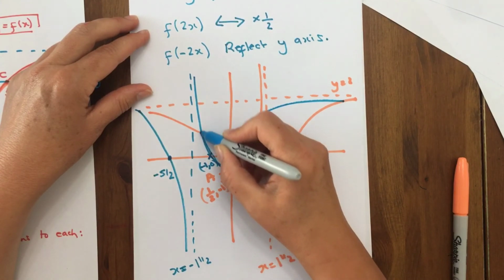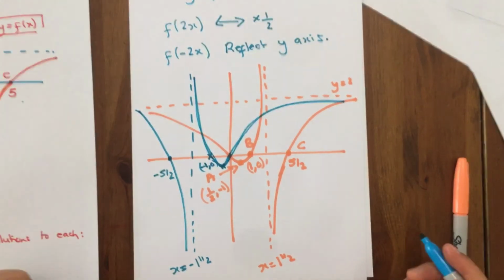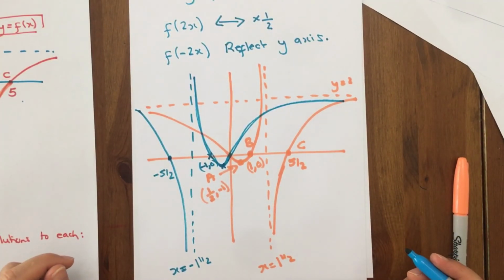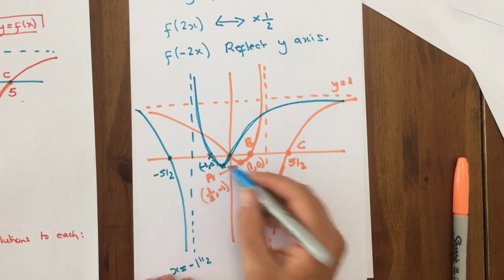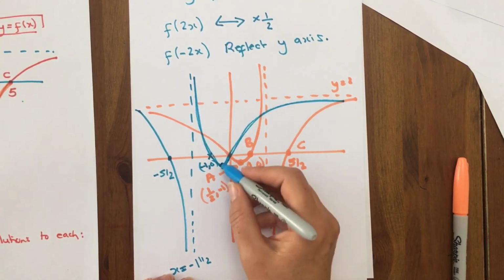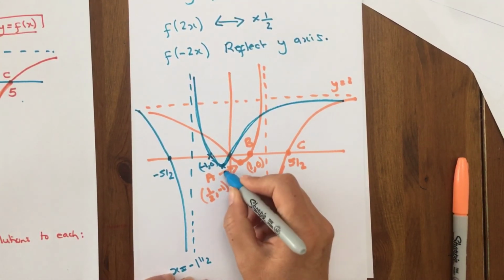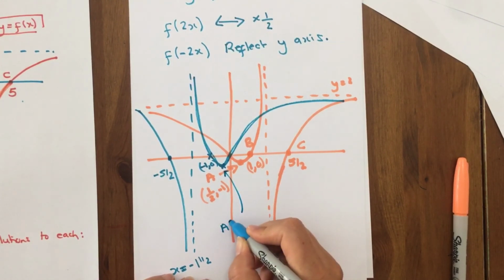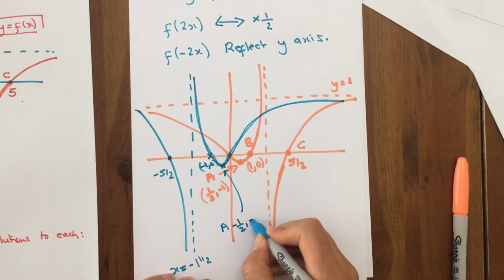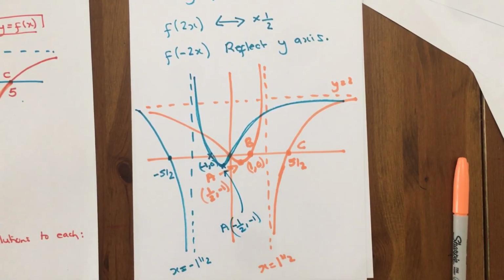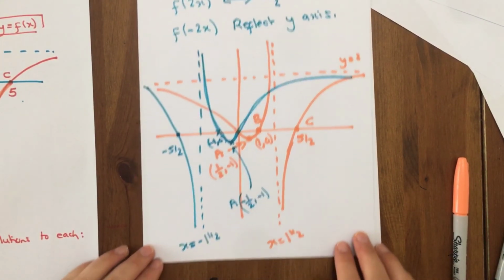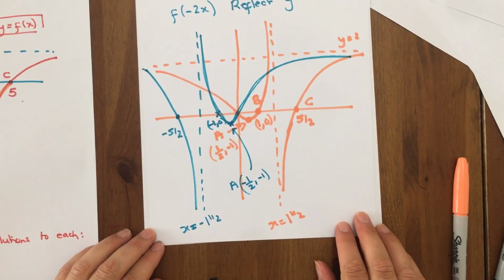So everything is flipped about the y-axis. Okay. So my new point A on my blue graph, it was a half, minus 1, will now be minus a half, minus 1. Okay, really tricky, that one.